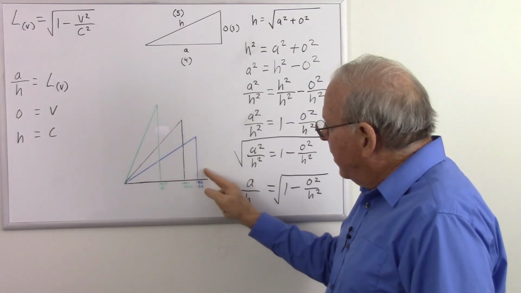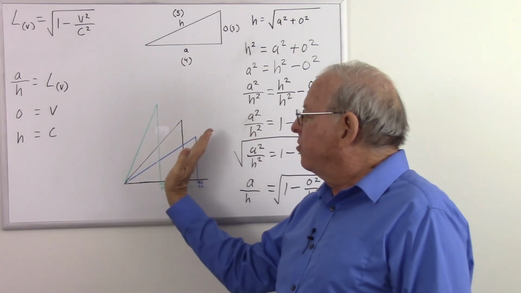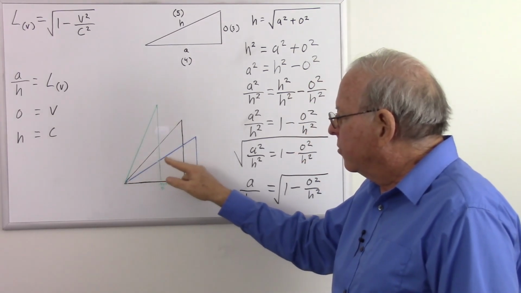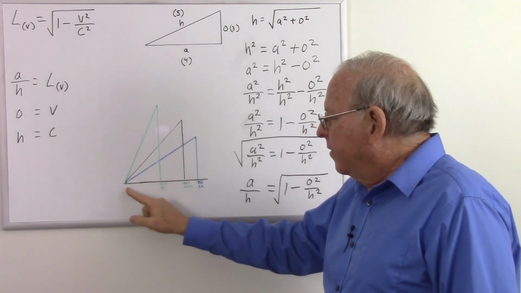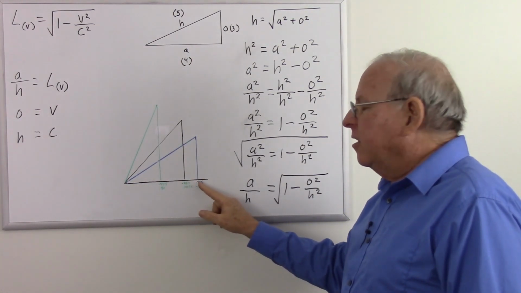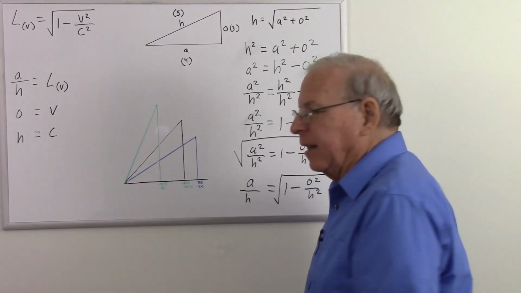So as our speed increases, the opposite becomes longer, which pushes the hypotenuse at a higher and higher angle. Once again, the hypotenuse is the speed of light. The opposite is the object speed, and then the adjacent is the length contraction factor compared to the original length, which would be that length there.